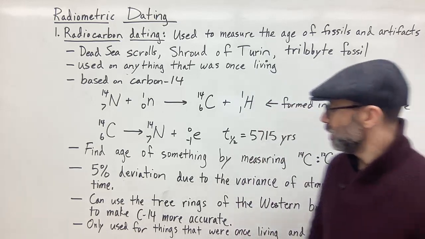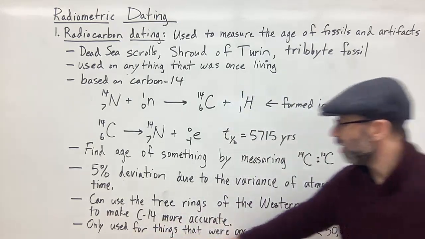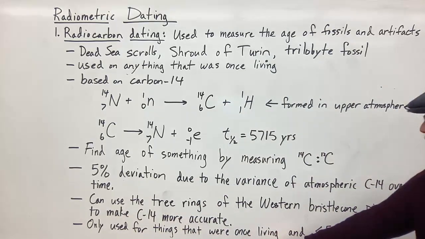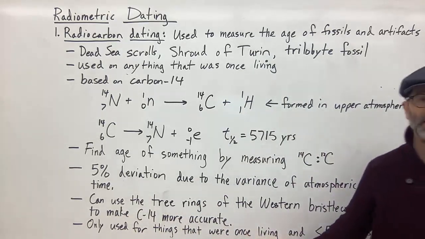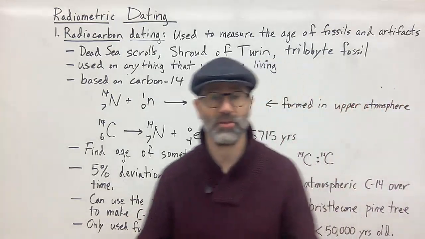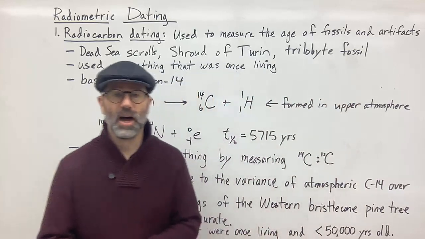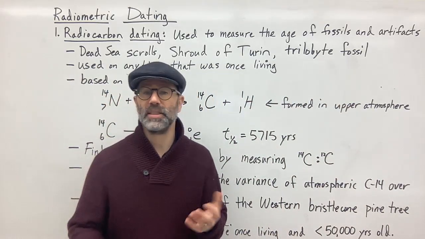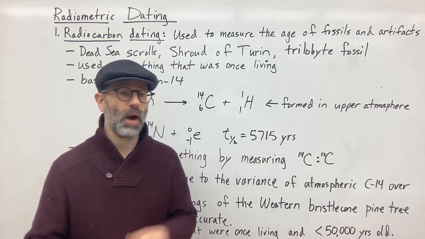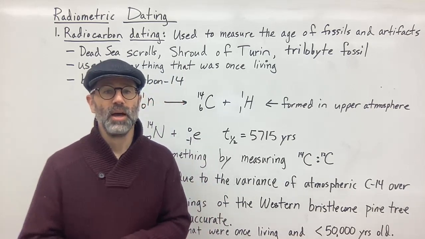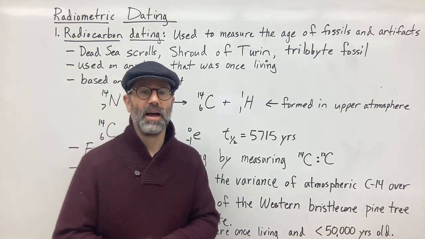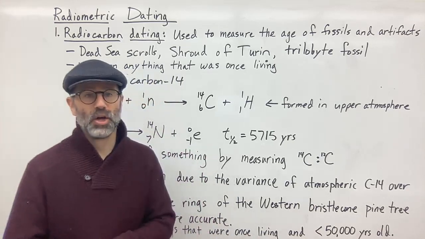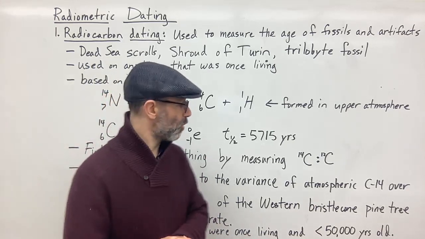So this is only used for things that were once living, as I said. So you can't use this to date rocks. You can't use it to date anything that wasn't living at one point or made up of things that were living at one point. So rocks and things like that are not going to be objects that radiocarbon dating is going to be used for.